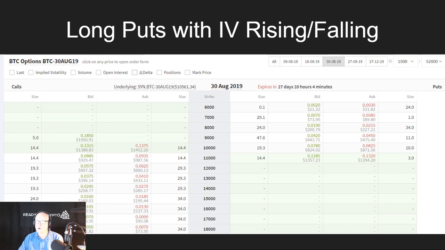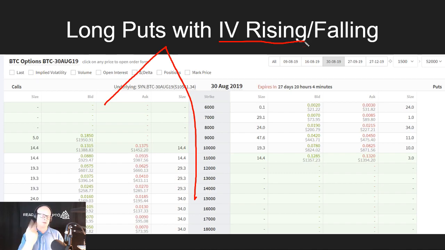So long puts, this is actually a scenario where you can have a lot of things going in your favor. A long put, with the price falling, will actually accelerate in value because the implied volatility will be rising. There's two scenarios out there, either a long put after a pullback or a long put at the very top of a market move.